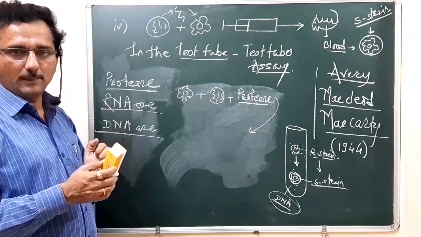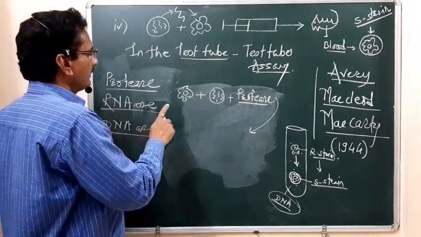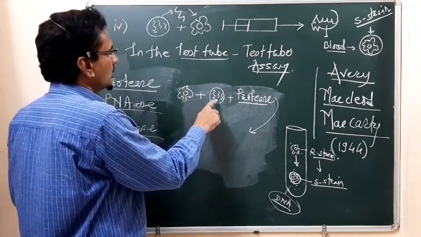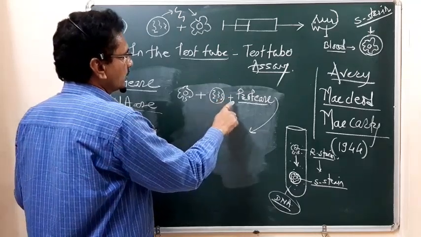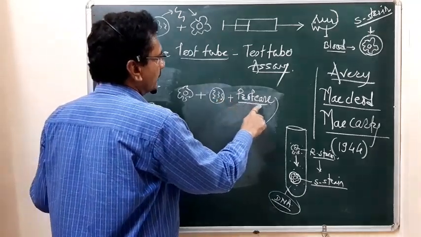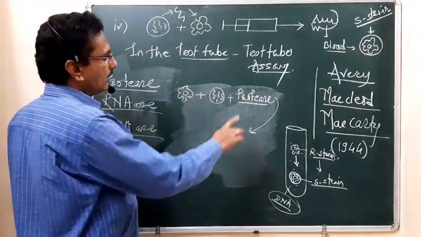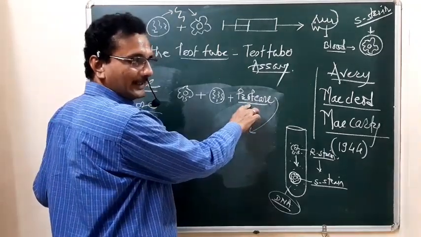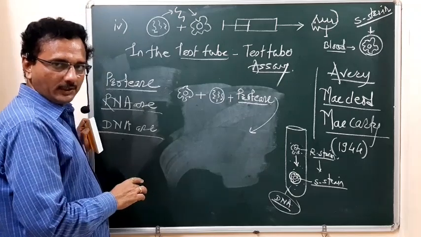Okay, so for that, what they had done there, they had taken the rough strain plus heat killed smooth strain, and in this mixture they add the protease enzyme. Okay, when they add the protease enzyme, the protease enzyme digests the protein.